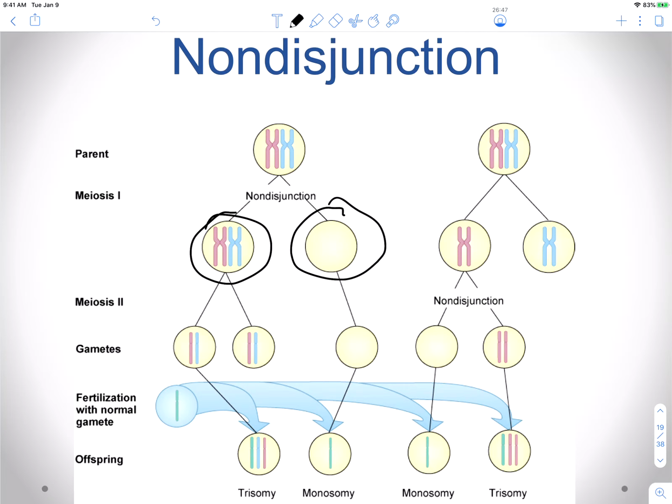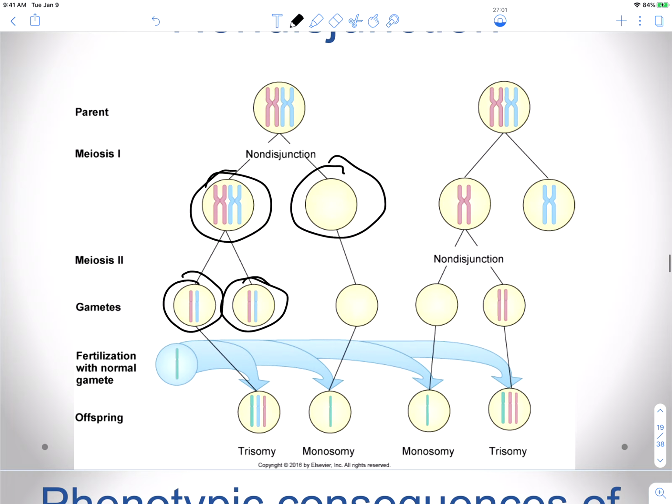And then during meiosis 2, you have your gametes that have 2 copies, where they should only have 1 copy of that chromosome. It should be either from the grandmother or grandfather. That's what this is kind of showing. And then when you get fertilization with 1 gamete, you now have a trisomy.